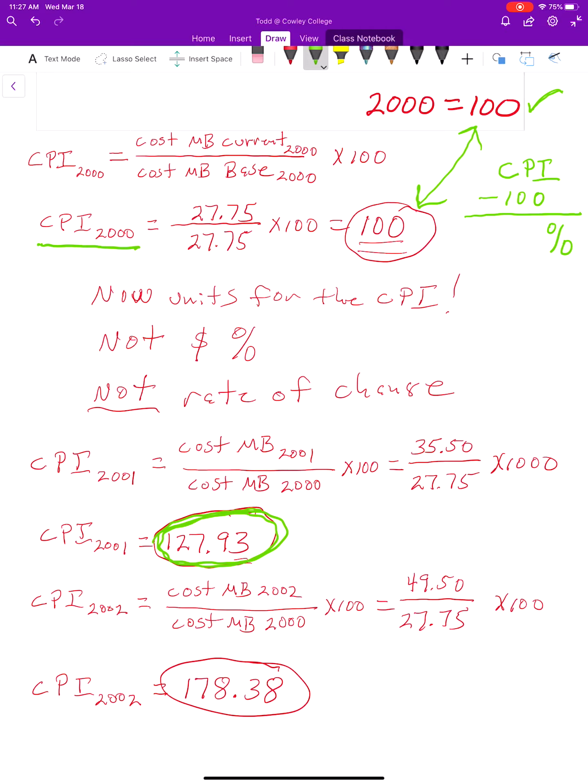So in this particular case, our consumer price index was 127.93 minus 100. According to this, average prices have increased 27.93% from 2000 to the year 2001.